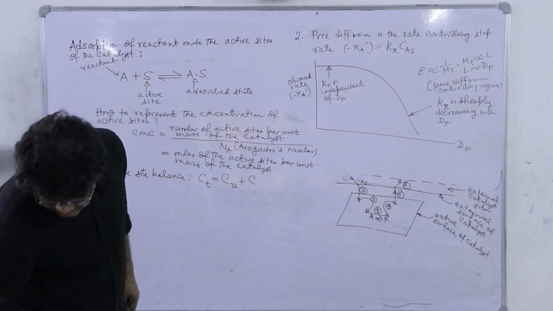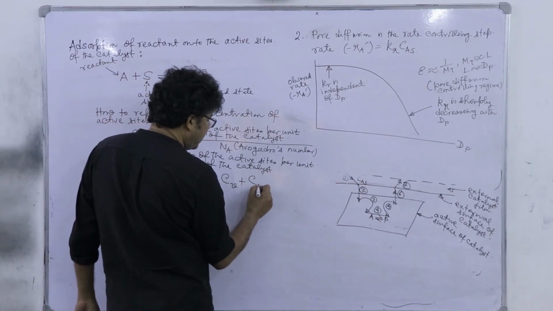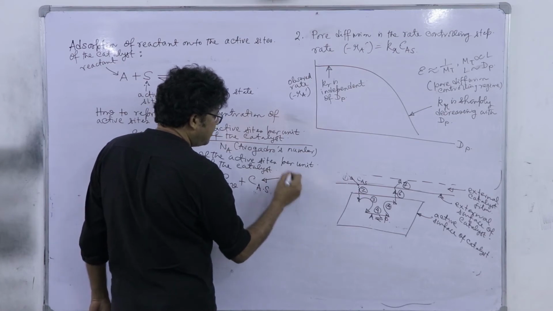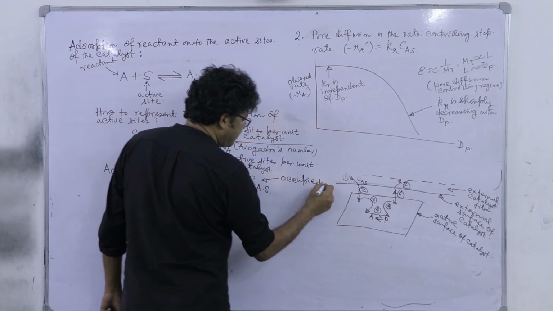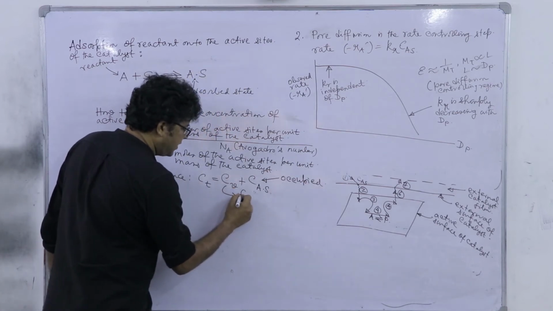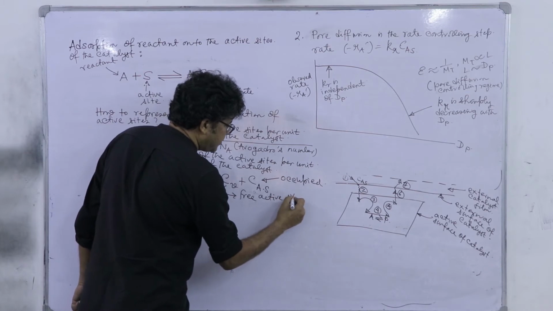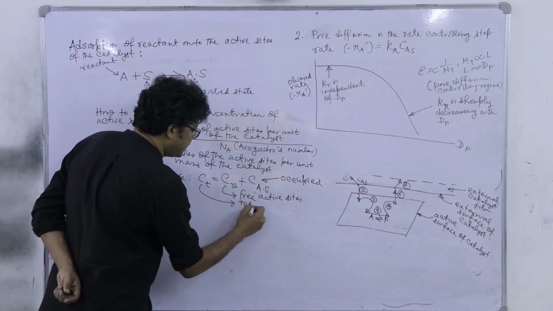So, C of A dot S, these are occupied if I have a single reactant. These are free active sites, and here this one is the total number of active sites.